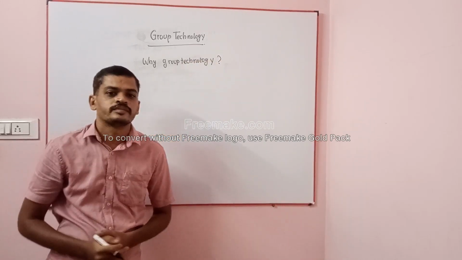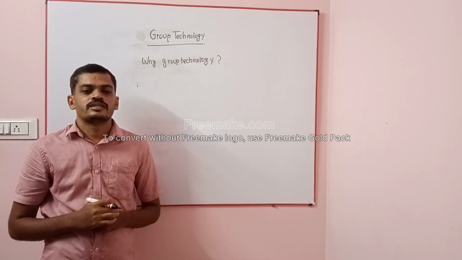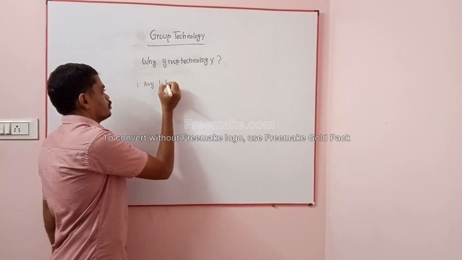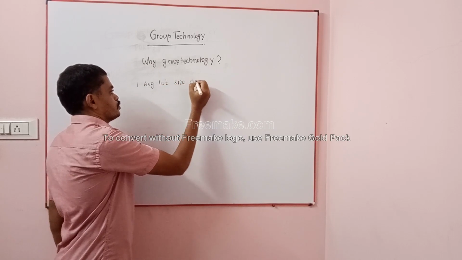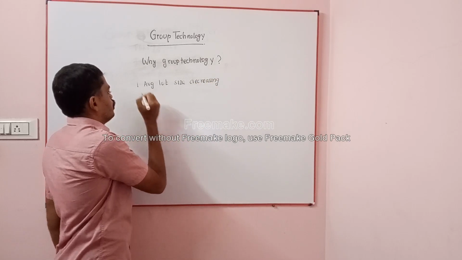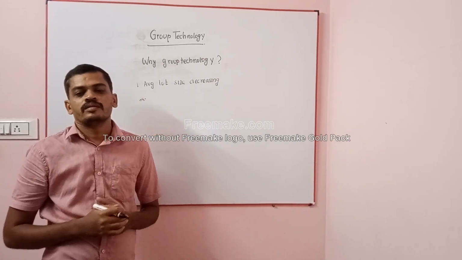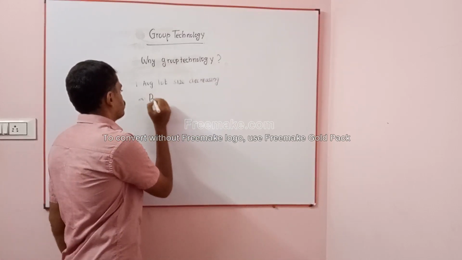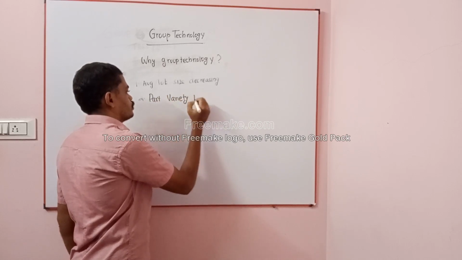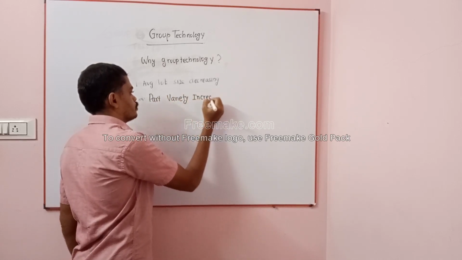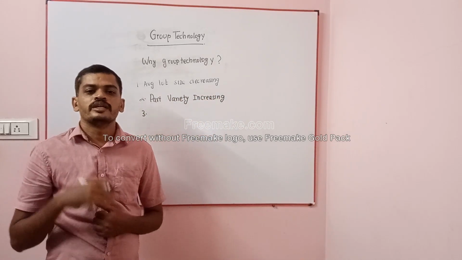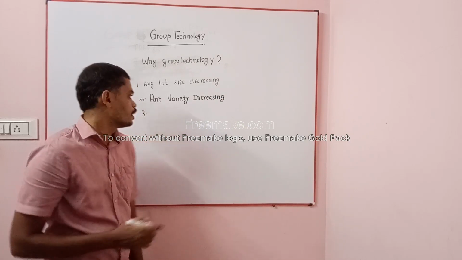First one, average lot size decreasing. The second one, part variety increasing. The third one, increase in the variety of material.